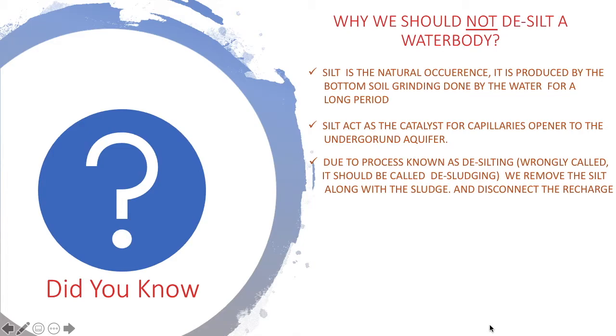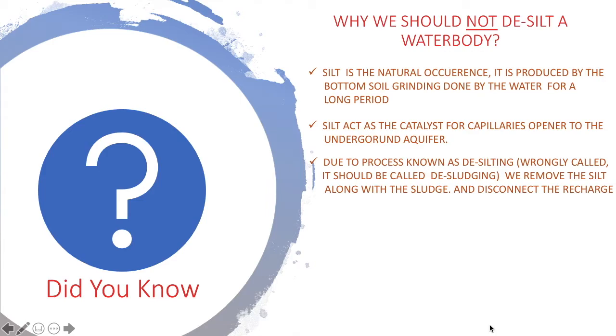So you have understood what silt is and how important it is. So this process should not be called desilting, and it should not be used. If you really want to use some word for this, we can use the word desludging, because all the suspended or dissolved contaminants settle down below the tank of the water, over and above the soil, and then they choke these soil capillaries which connect us to the underground aquifer.